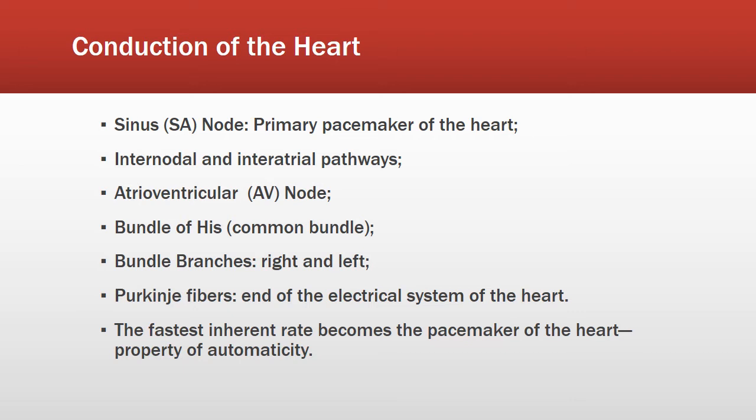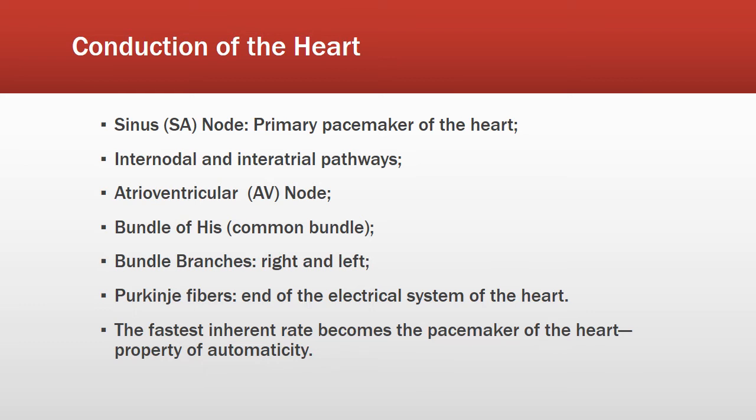The atrioventricular node or AV node is located inferiorly in the right atrium, anterior to the opening of the coronary sinus and above the tricuspid valve. Also in this area is the surrounding tissue and the non-branching portion of the bundle of His. This area is called the AV junction. The AV node is responsible for creating a slight delay in conduction before sending the impulse to the ventricles.